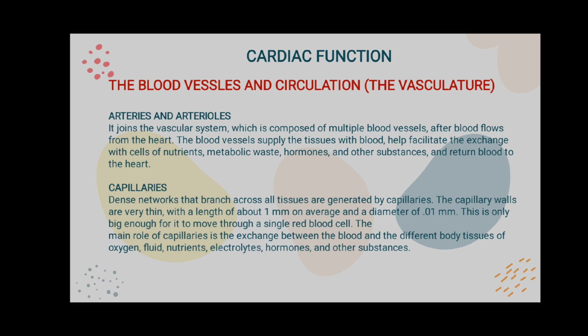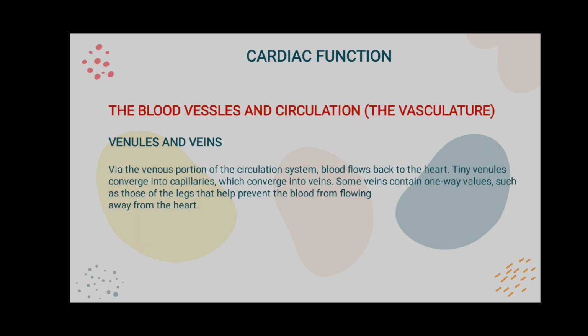The main role of the capillaries is the exchange between the blood and the different body tissues of oxygen, fluid, nutrients, electrolytes, hormones, and other substances. For the venules and veins, via the venous portion of the circulatory system, blood flows back to the heart. Tiny venules converge into capillaries, which converge into veins. Some veins contain one-way valves, such as those of the legs, that help prevent the blood from flowing away from the heart.